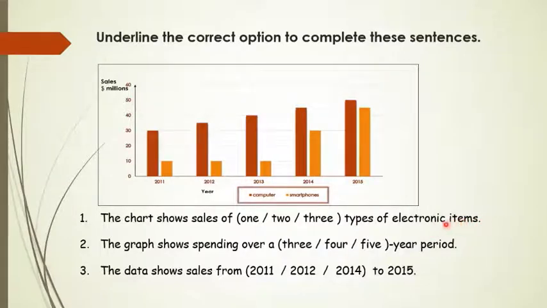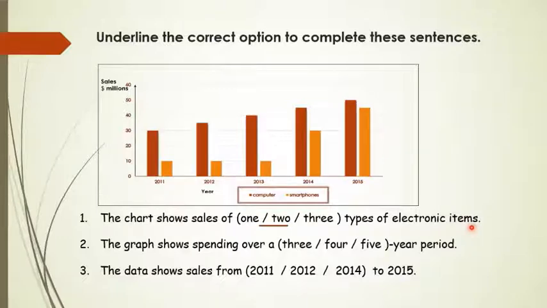By looking at the chart, how many items are there? Two items, computers and smartphones. So the sentence: the chart shows sales of 2 types of electronic items. Now you should be able to write that kind of sentence.